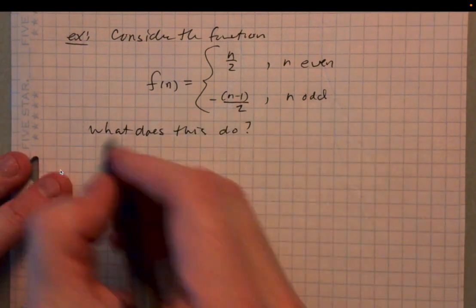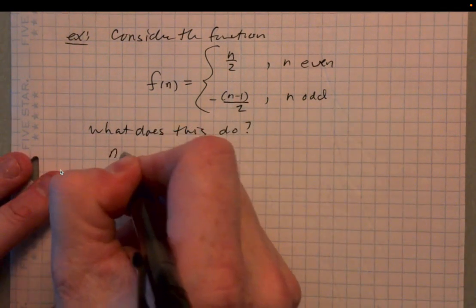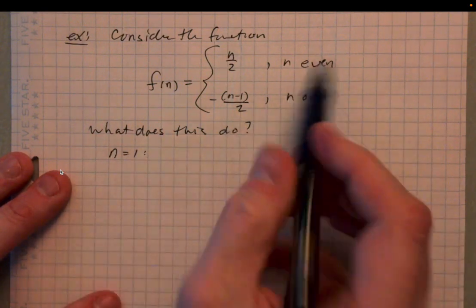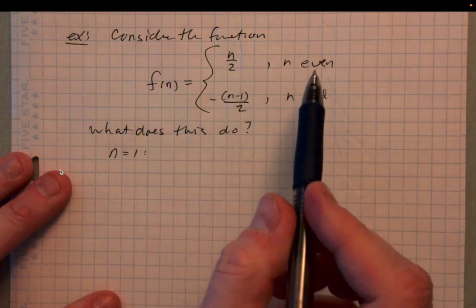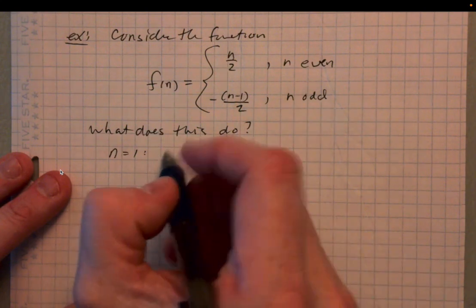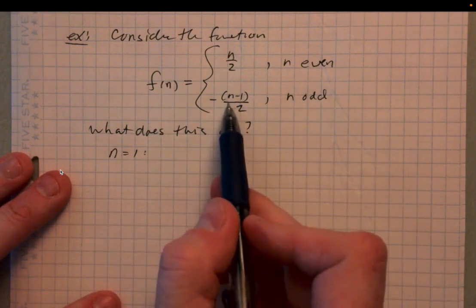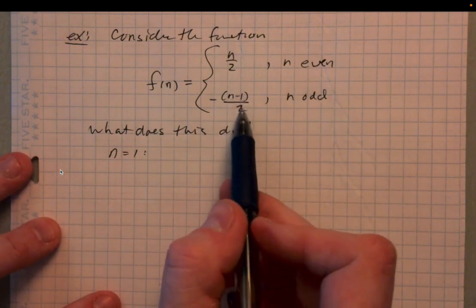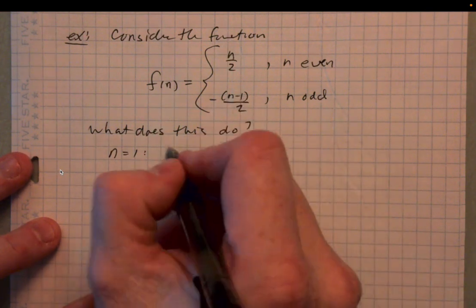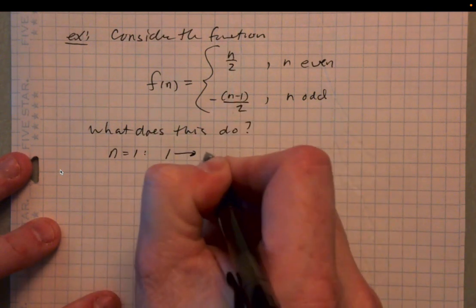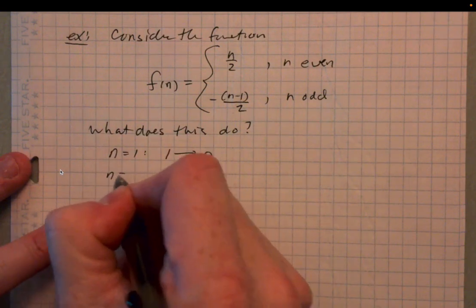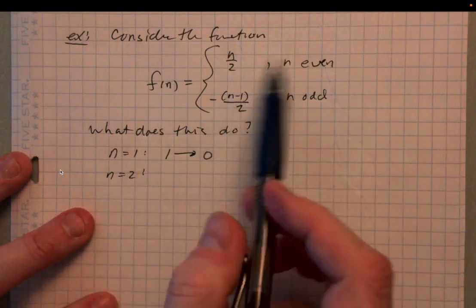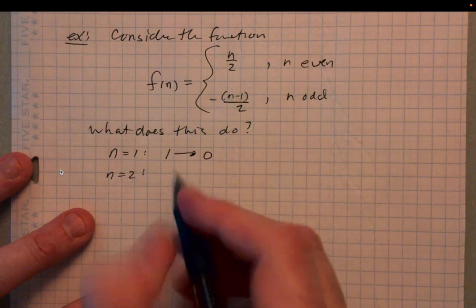Well, let's see what happens. Let's say n equals 1. In this case n would be odd, so we would plug it into the bottom piece. 1 minus 1 is 0, 0 over 2 is 0, negative 0 is 0. So this would take 1 and map it onto 0. What about n equals 2? 2 is even, so 2 over 2 is 1.